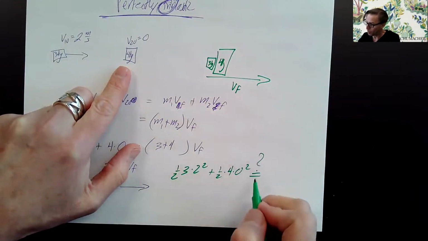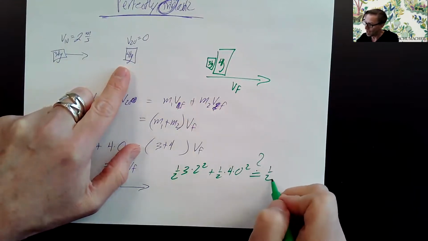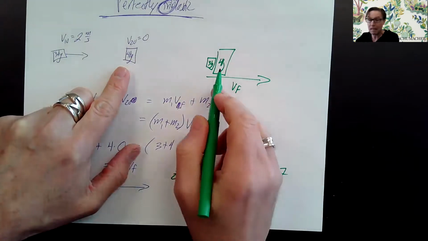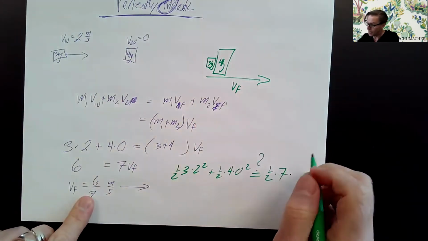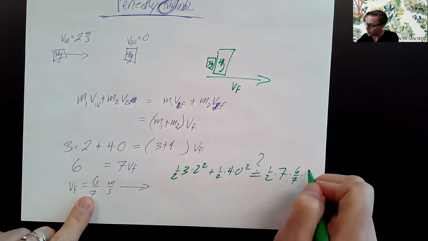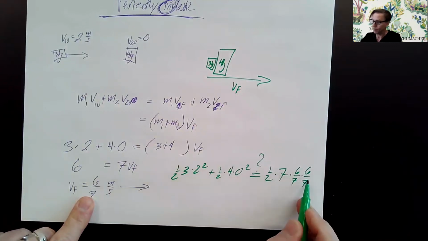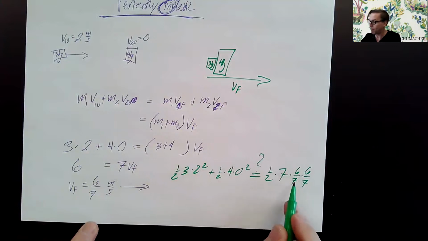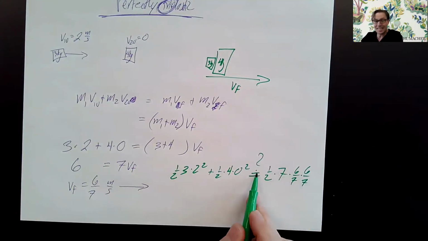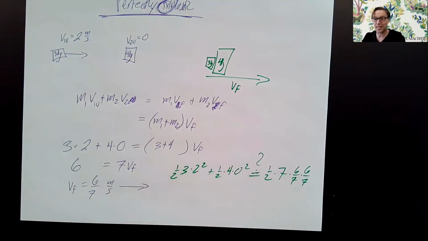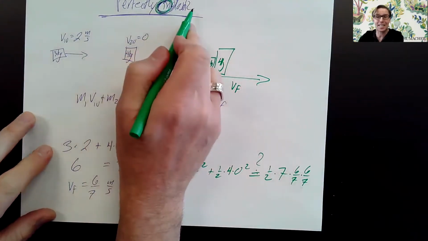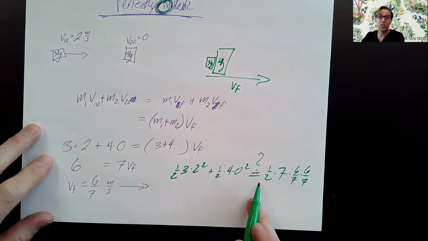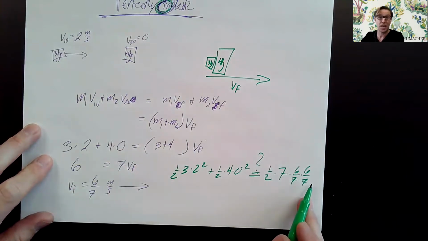Does that equal, with a question mark, 1/2 times 7, times the velocity 6/7 times 6/7 again, 1/2 mv squared? Is the left side equal to the right side? Well, it says inelastic, not elastic. So the answer should be that this and this are not the same.